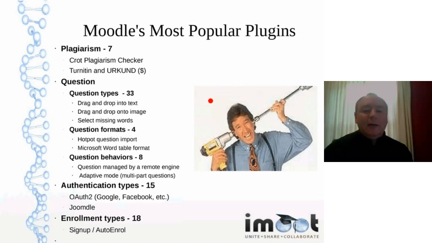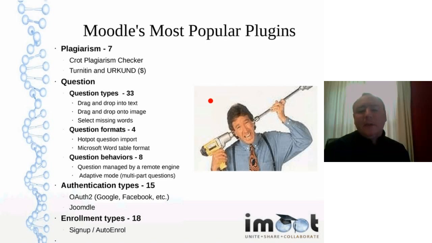Then there's drag and drop onto an image. If you have a map and you want the student to take the name of a country and put it on the appropriate place on the map, that's possible. There's also selecting a missing word. These are some of the most popular question types.